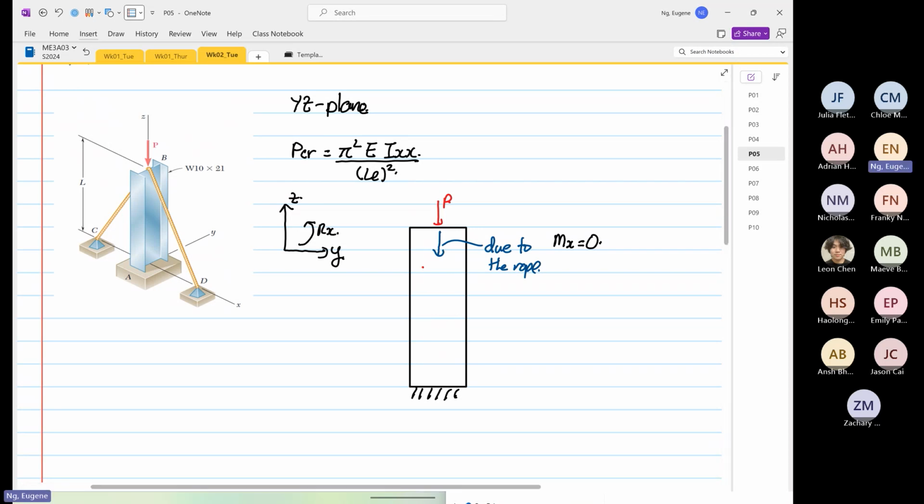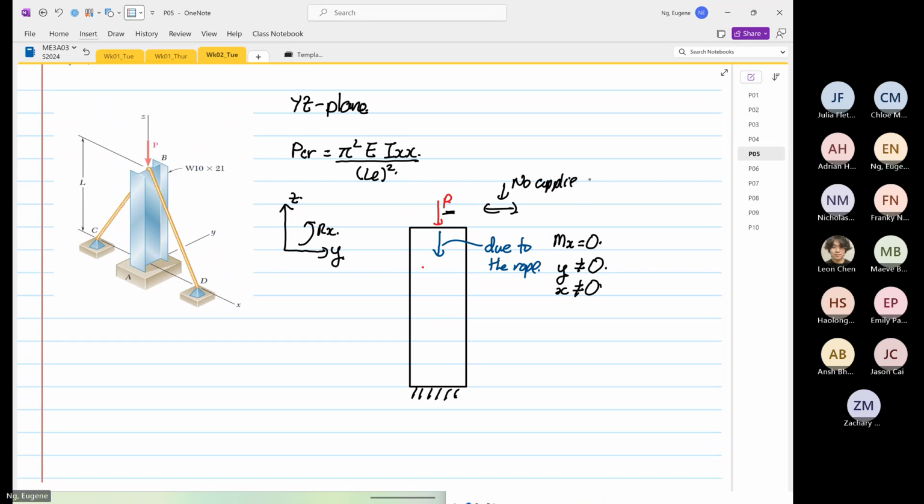However, one thing is interesting now. We know y is not equal to 0, because it can come down due to the load P. And there's no applied force in the y direction.